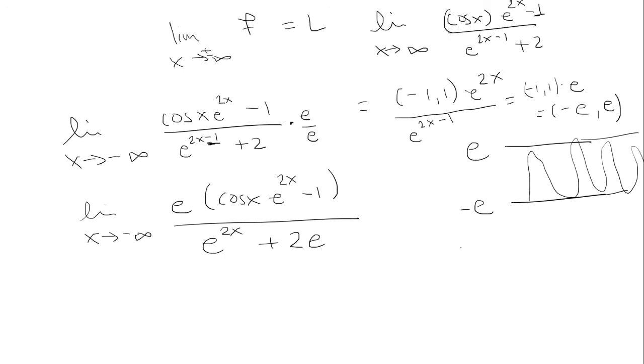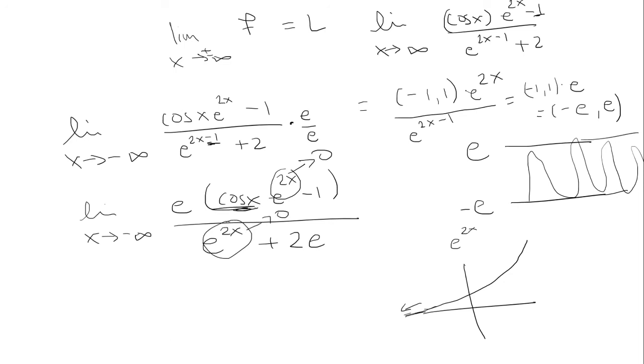Okay, so let's look at e to the 2x. e to the 2x is an exponential. So as x approaches -infinity, if you're going down here, we're getting closer and closer to 0. So this thing is going to go to 0. And so will this.